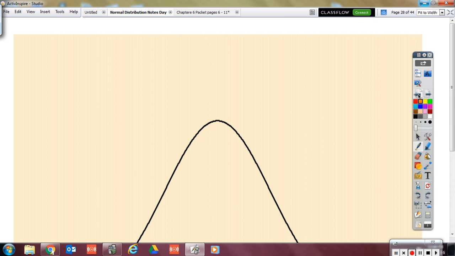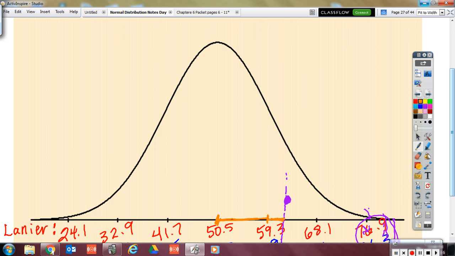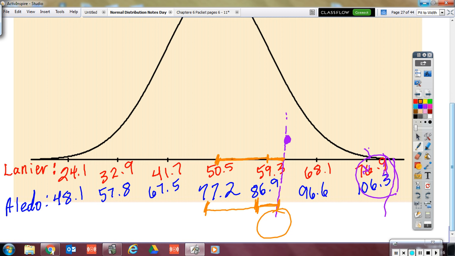So let's do that. Back here, let's find Ileana's z-score. At Lanier High School, she scored a 61. That's x minus the mean at Lanier, which is 50.5, divided by the standard deviation at Lanier, which is 8.8, and that is a value of 1.2.